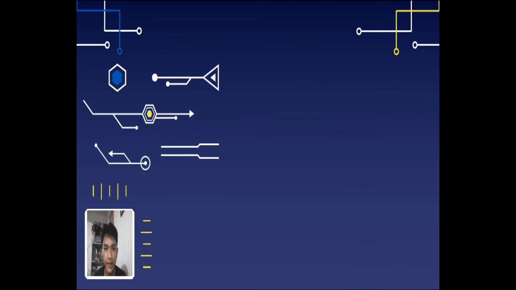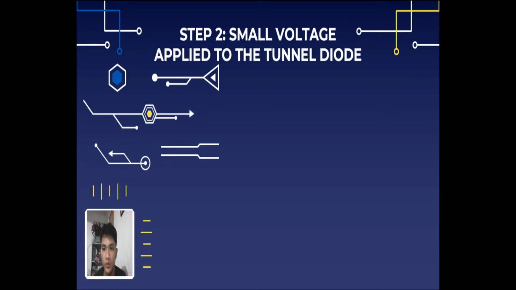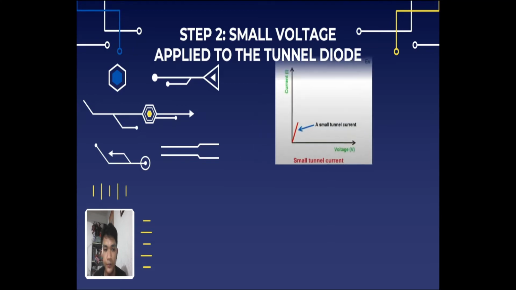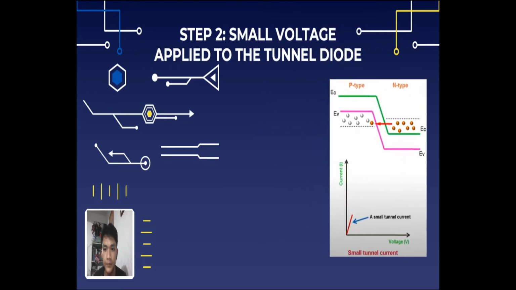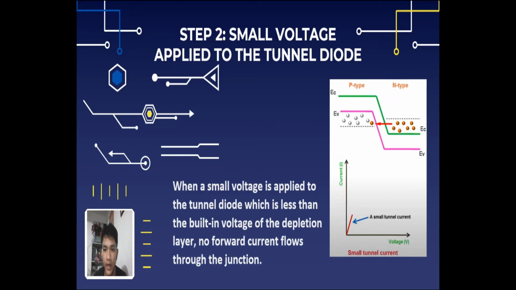For the next step, step 2, a small voltage is applied to the tunnel diode. When a small voltage is applied to the tunnel diode, which is less than the built-in voltage of the depletion layer, no forward current flows through the junction.